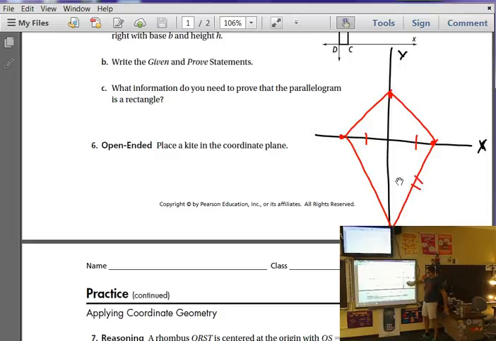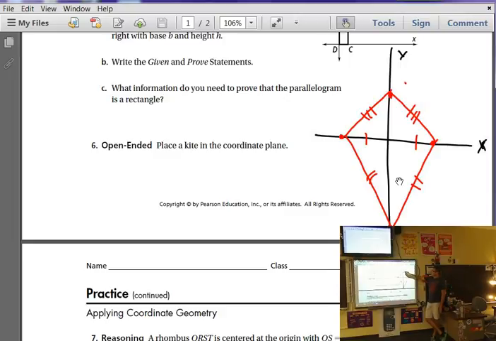So we know that this length is equal to this length. That length is equal to that length. We know that these are right angles, since these are the axes. But really, does the distance up that this point is relate to the distance down that this point is? No. Or at least not necessarily, right? It could, but not necessarily.